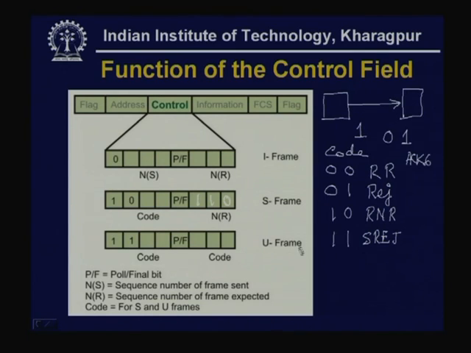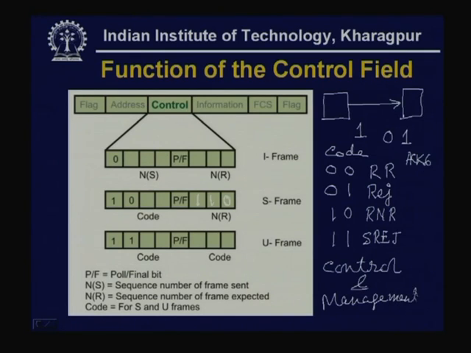Finally, in case of U frame, again the code is there which is used in S frame and U frame, and 3 more bits are used for coding. We are not going into the details of U frame, which are essentially used for control and management purposes.